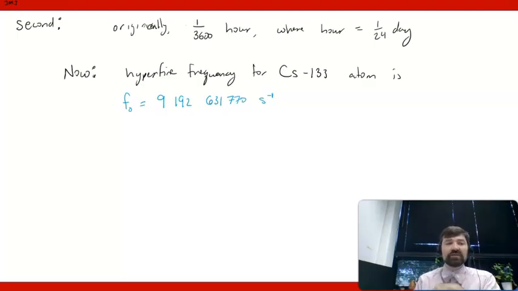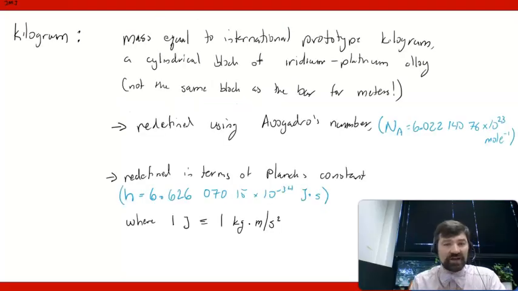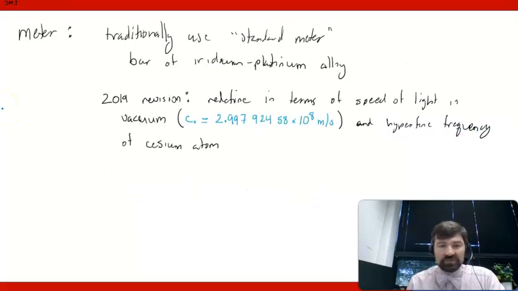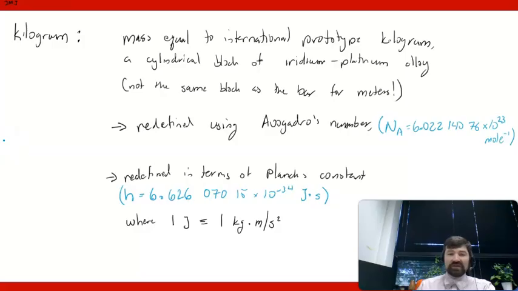And so now you can go and use that combined with, let's say, the speed of light to define for us how far is a meter. And you can now use those two combined with the Planck constant to define for us what is a kilogram.